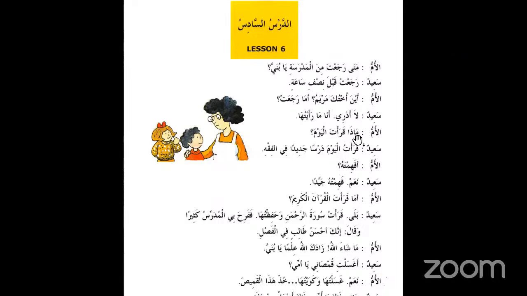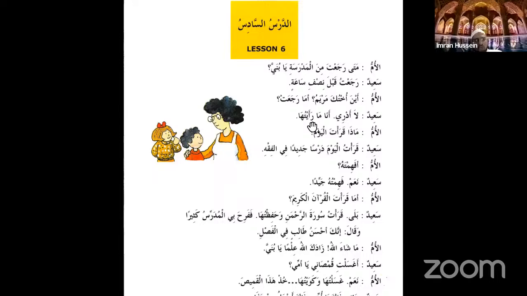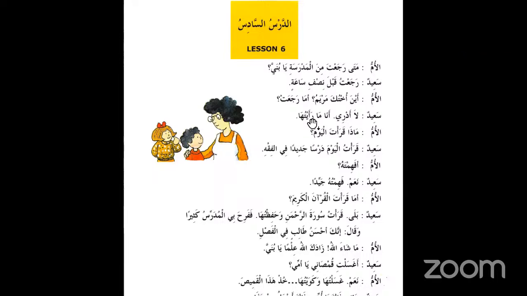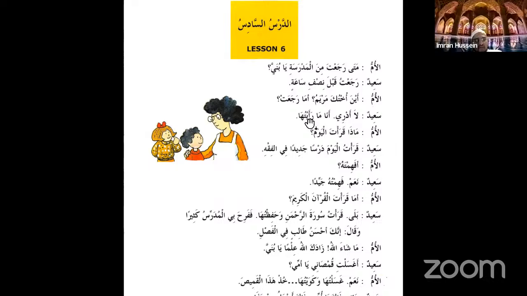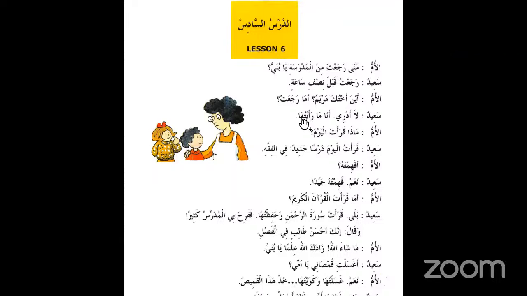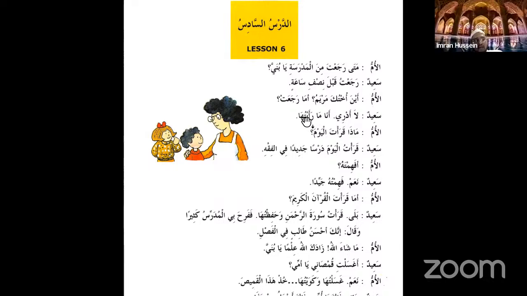So these are three words in one word: Ra'aytuha, ra'i and tu and ha. No, ra'aytu is one word, a verb. Ha is the actual pronoun which has been attached. Ra'aytu is the fa'il, ana. Ha is the maf'ul. I saw her.